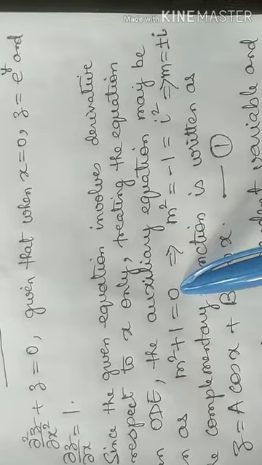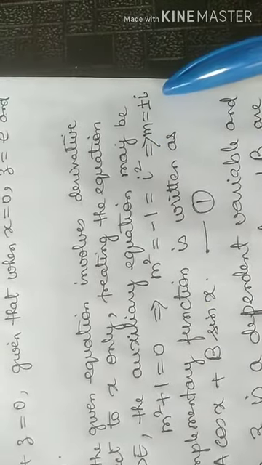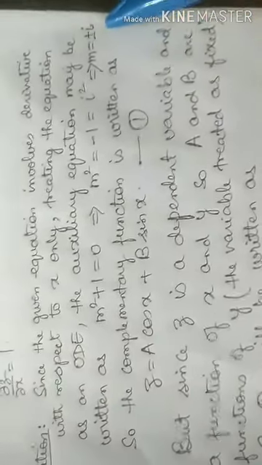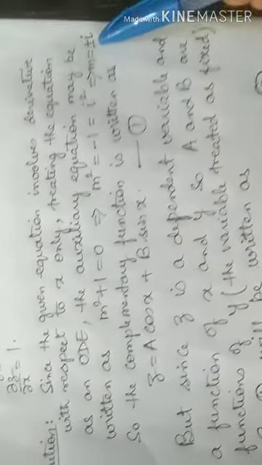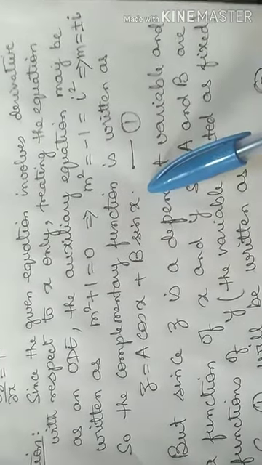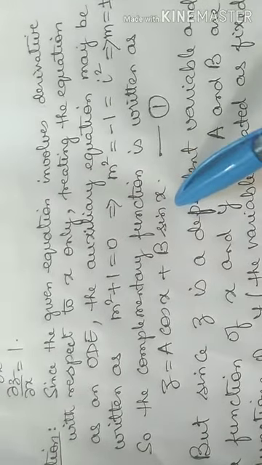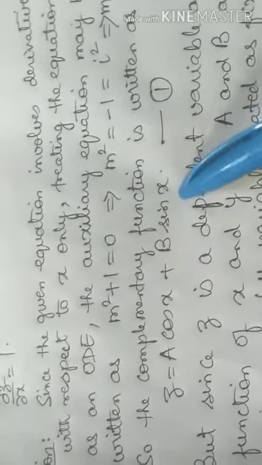We can find the roots of this auxiliary equation as m equal to plus or minus i. Since they are complex roots, we can write down the complementary function as z = a cos x + b sin x. Now this is the complementary function treating the given equation as an ordinary differential equation.